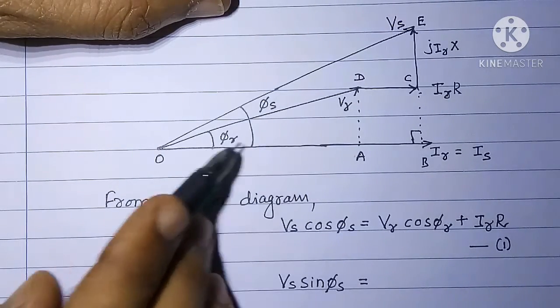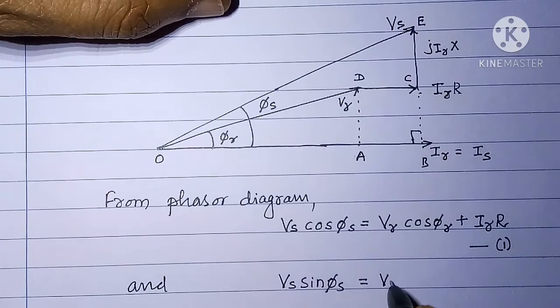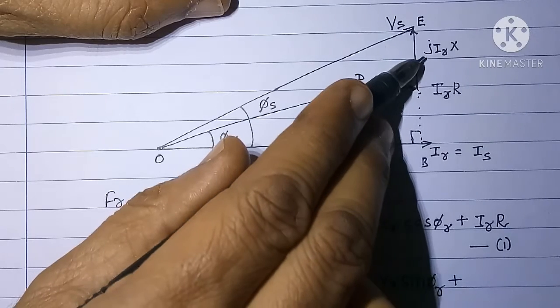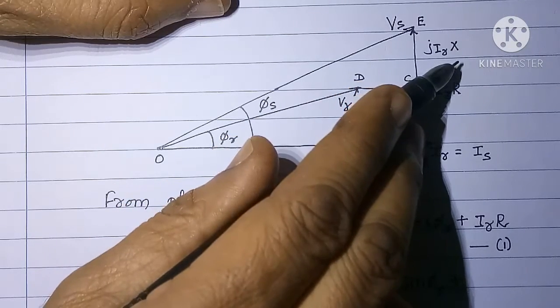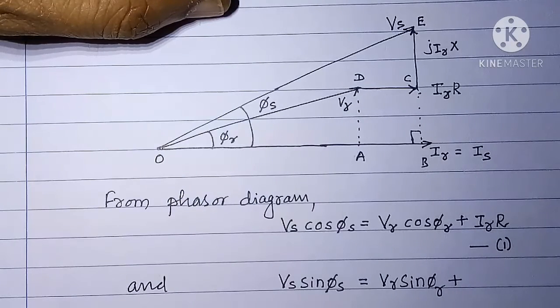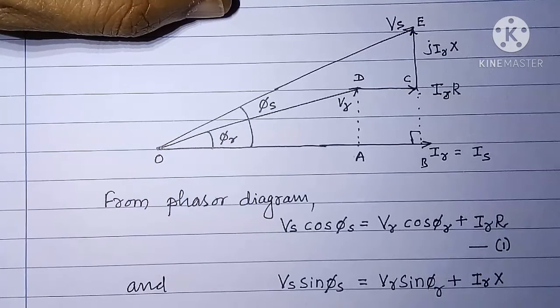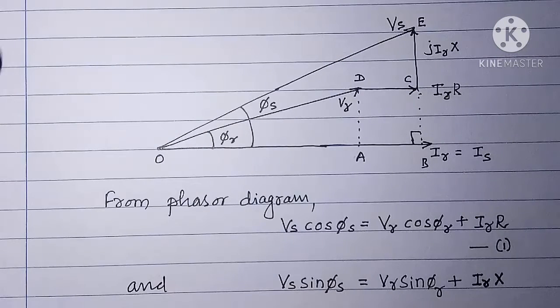BC is VR into sin phi r, plus CE. CE is j IR into X. But we are writing here the phasor sum, I will write it as simply IR into X. Now let us call this equation 2.